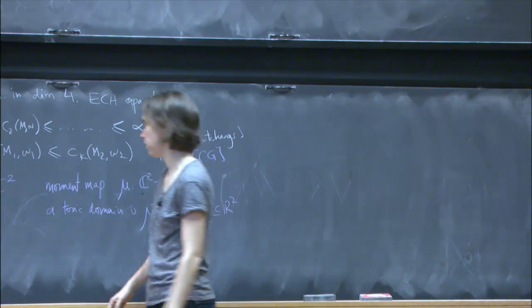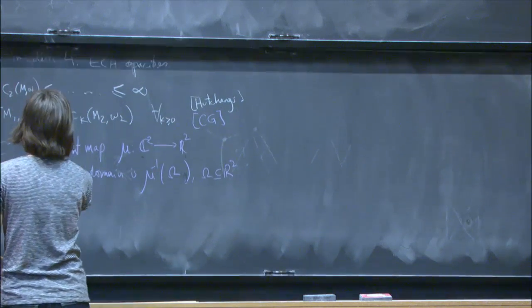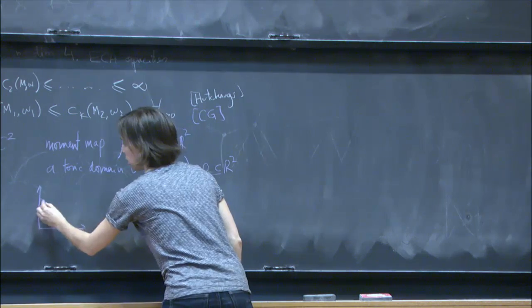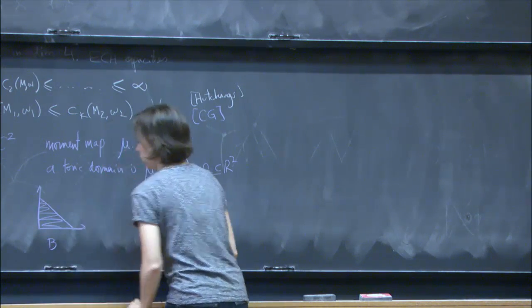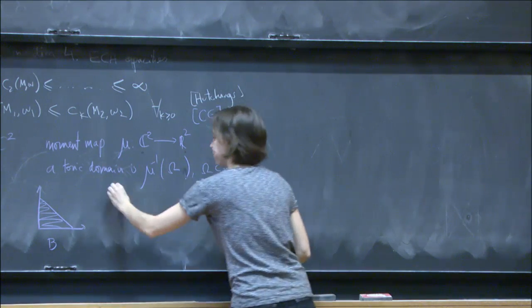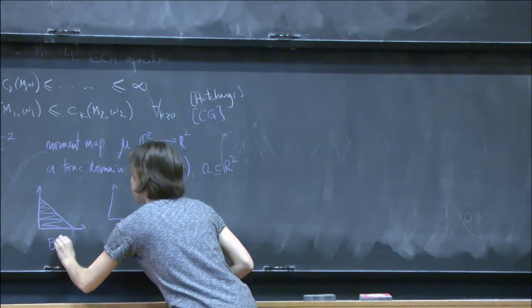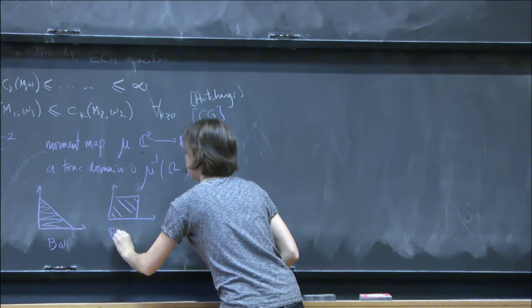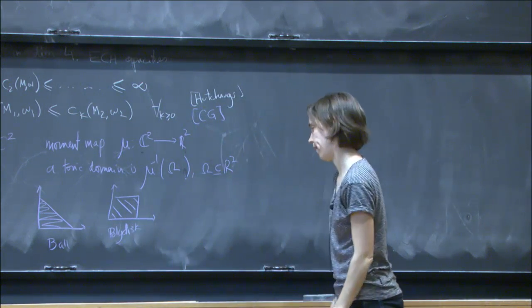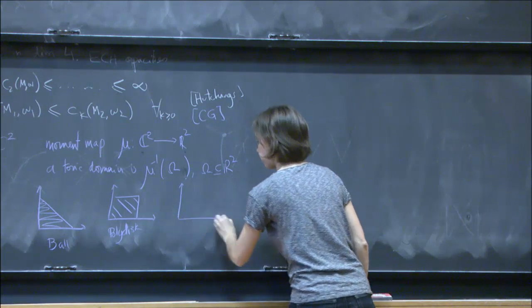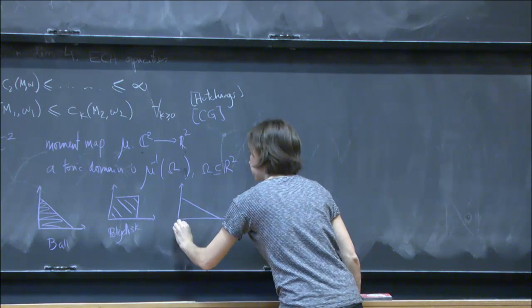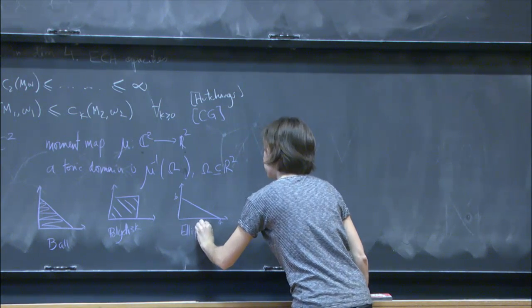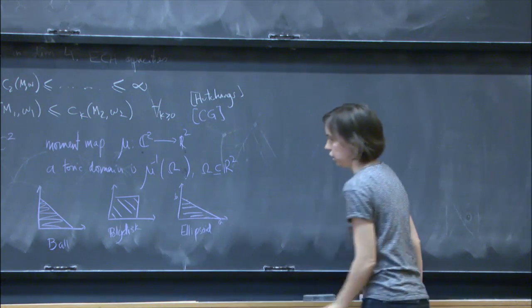Okay, and then for example, this is the ball, this guy like this is a polydisk, and this is an ellipsoid.